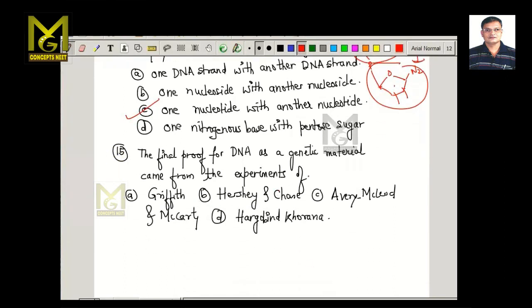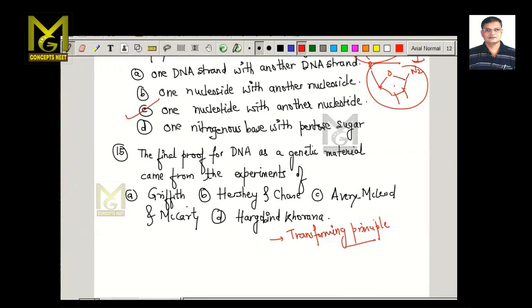The final proof of DNA as a genetic material came from the experiments of. Now, Griffith gave something called the transforming principle.